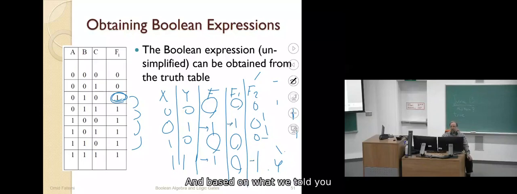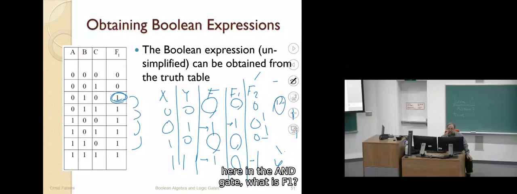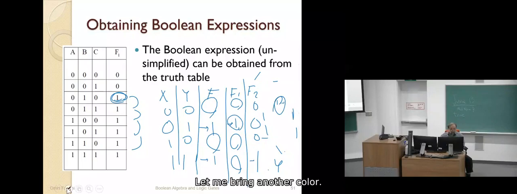Okay? And based on what we told you here in the AND gate, what is f1? This is only 1, 1 here. 1 here. And 1 should be, let me bring another color. Okay, let's highlight it. So here we have 1 here. We have 1 here. The rest is 0.